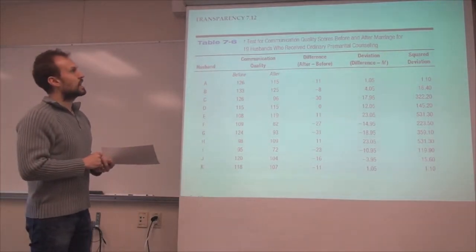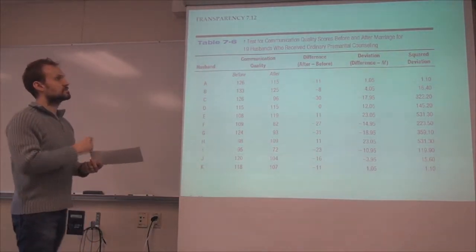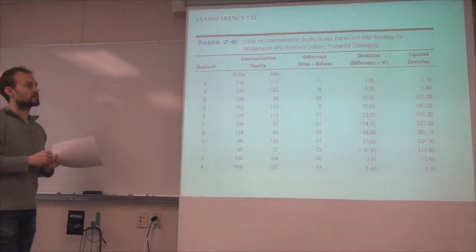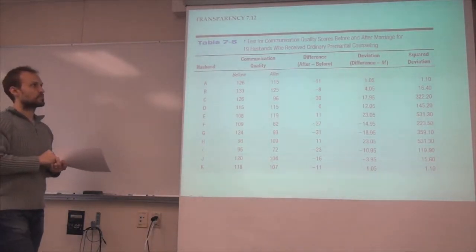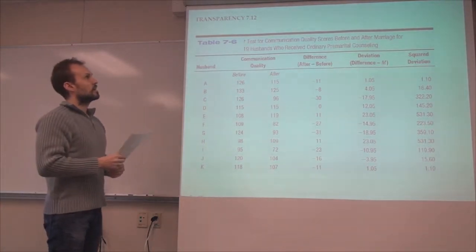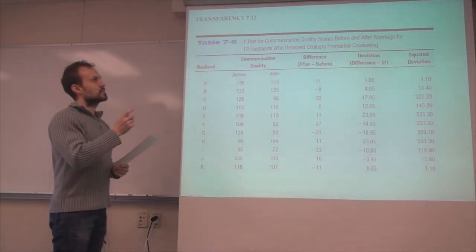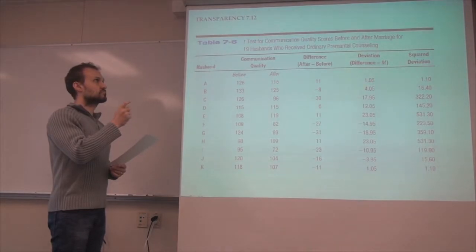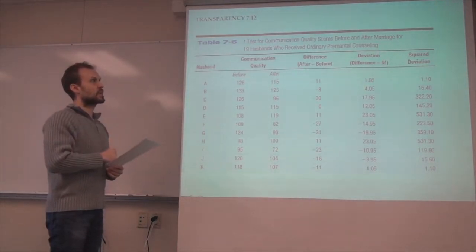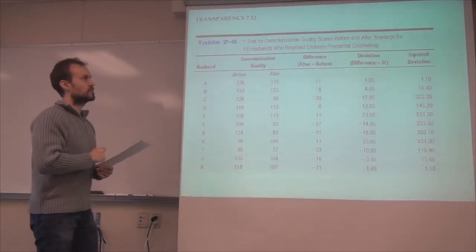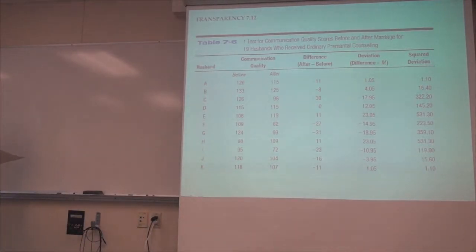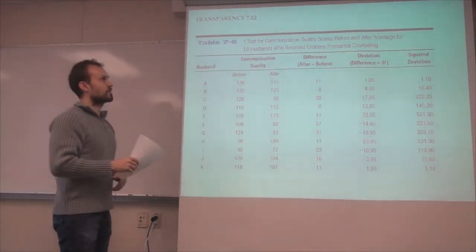So in this first example, I'm looking at a smaller bit of a research paper that has been done, looking at people's effectiveness in communication before and after marriage with basic marriage counseling as they're preparing to get married.